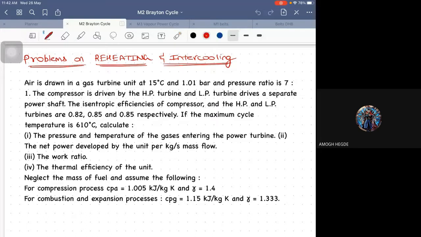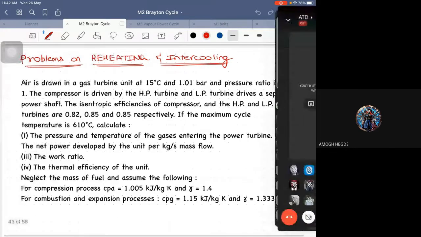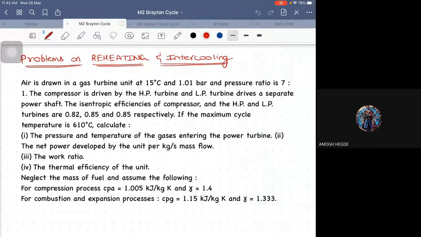So generally, finish copying the questions. Later on, we shall start. Okay, shall we start?